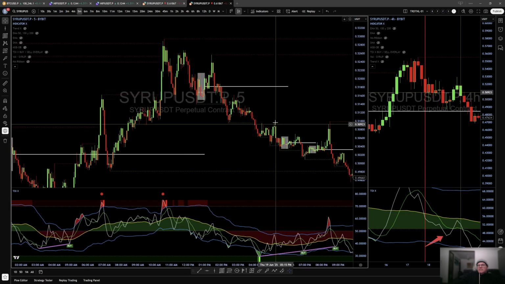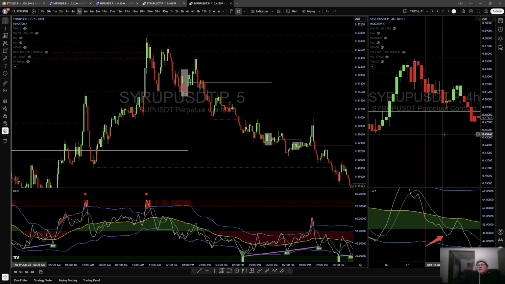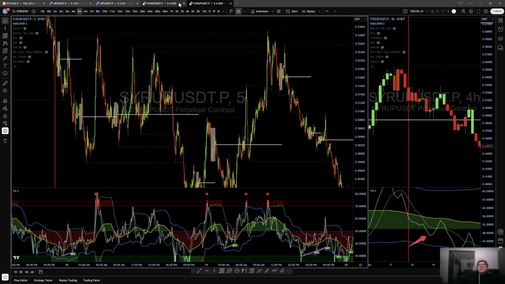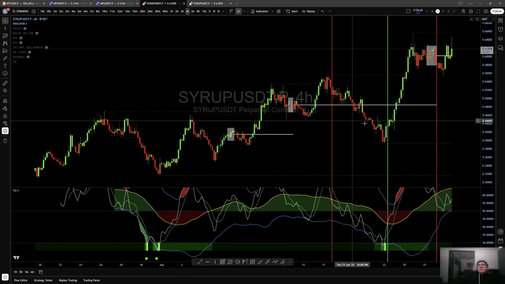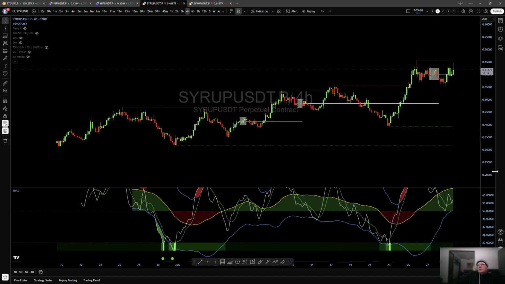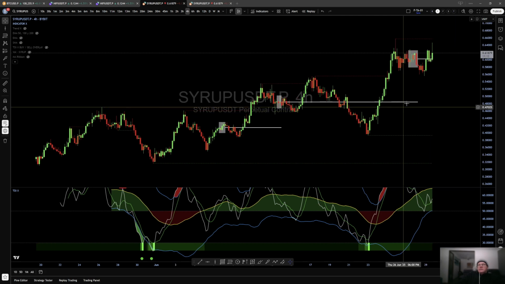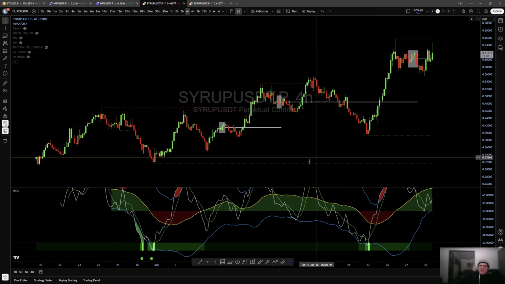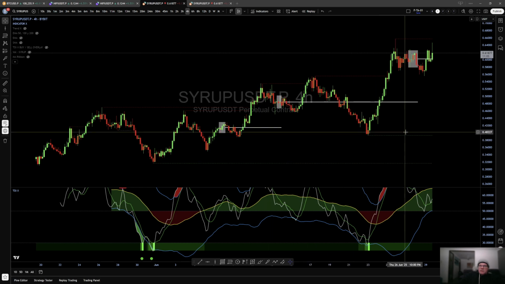And as I look through here, I'm trying to look for certain scenarios. Something I want to show you on this time frame. Let's hide my drawings. There we go. You'll notice sometimes that as price moves up, it's not going to hit the lower liquidity.